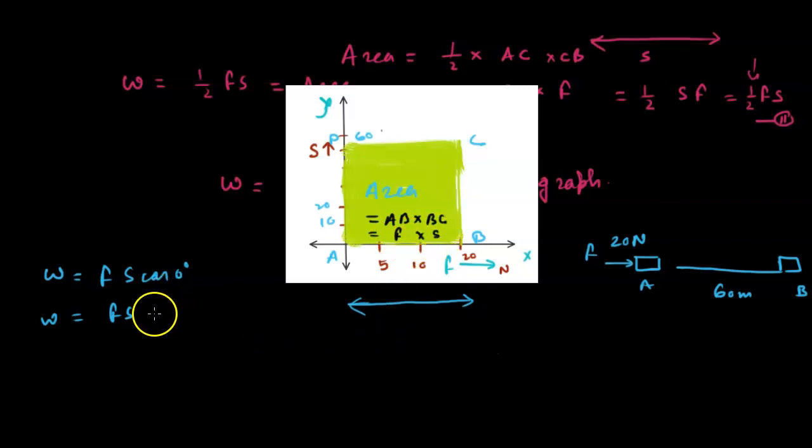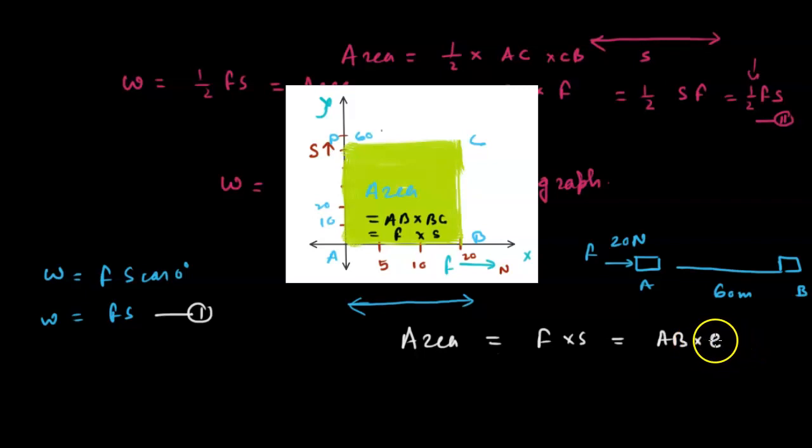So we can give this as equation 1. Another area: we can write F into S, or AB is equal to AC into BC. This will be equation number 2.